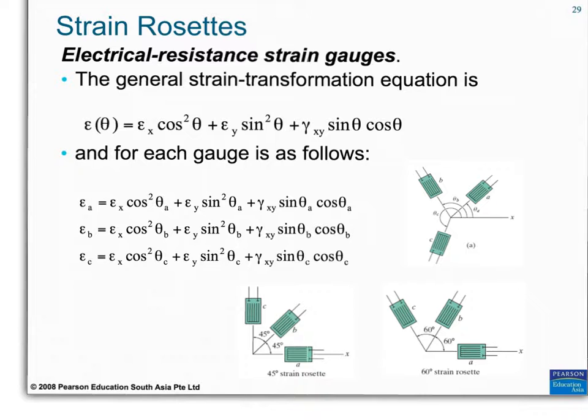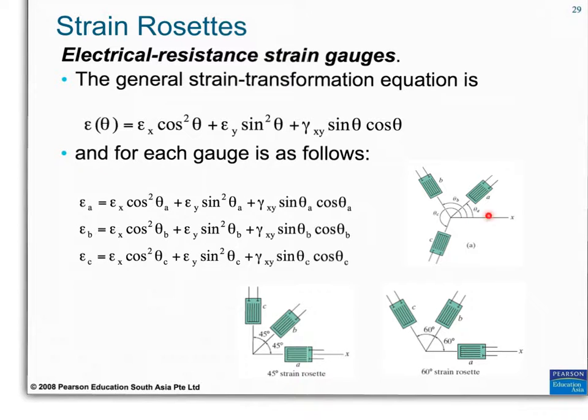So if we have a strain gauge, we measure strain A, we measure strain B, we measure strain C, all at some angle to this x-axis here. Strain A, for example, we measure that value using the strain gauge, and that gives us an equation with strain in the X, strain in the Y and the shear strain as unknowns, and we know the angle of the strain gauge.